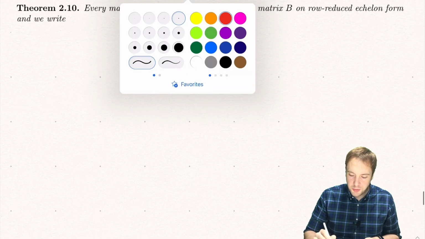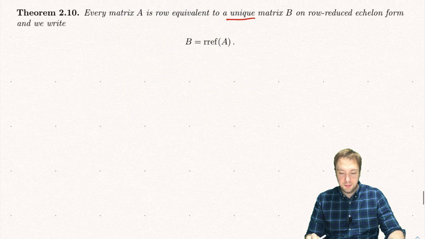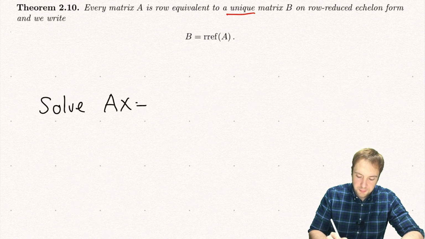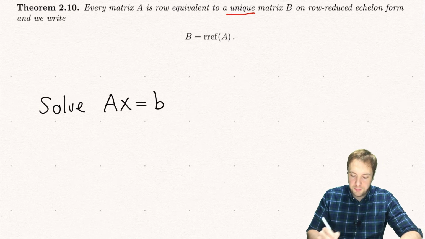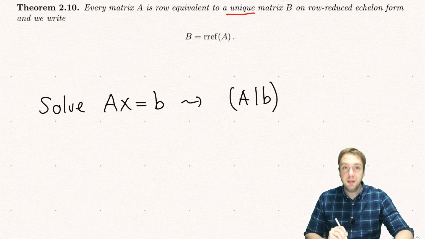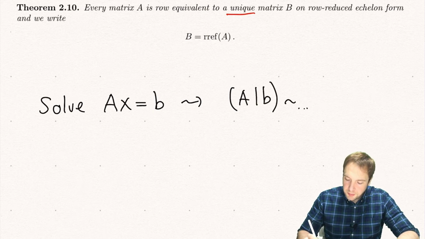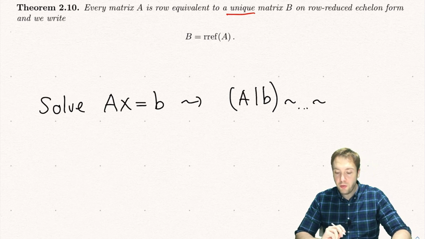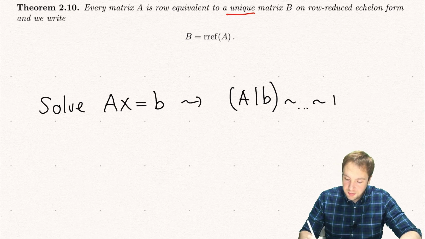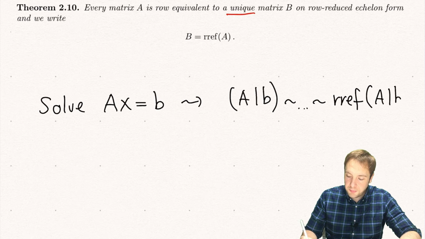Okay, so what is now the strategy to solve a linear system? If I want to solve a linear system like this, I consider the augmented matrix (A|b), and then I do elementary row operations, and in the end I will have something in row-reduced echelon form, and this will be the row-reduced echelon form of this matrix (A|b).